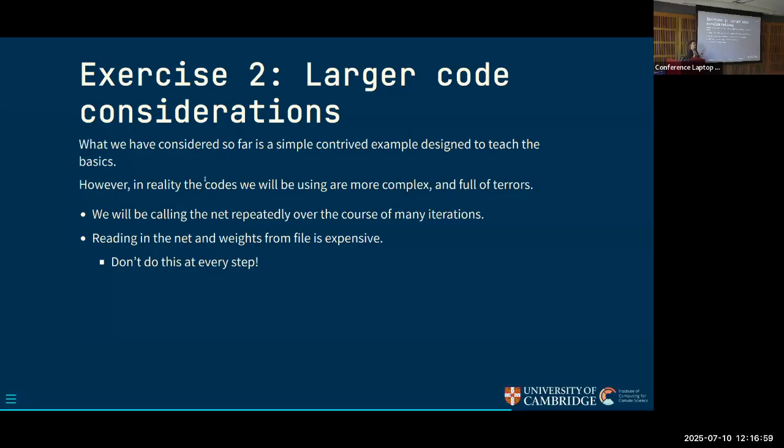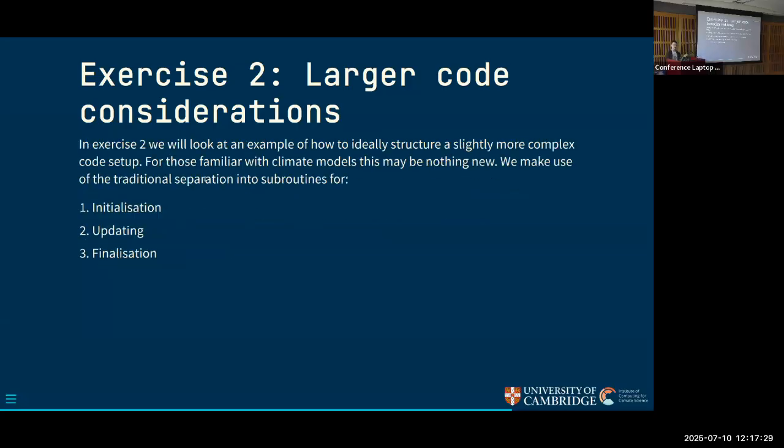The main thing is that when we're talking about computational efficiency, the most expensive part of all of this process is reading things in from disk or from where they've been saved, particularly the model weights. If you've got a model with several hundred, several thousand weights, and you pull this in from disk every time you do an iteration, every time you use that net, it's going to add up. And so there are more sensible ways of doing this, which is what we're going to talk about.